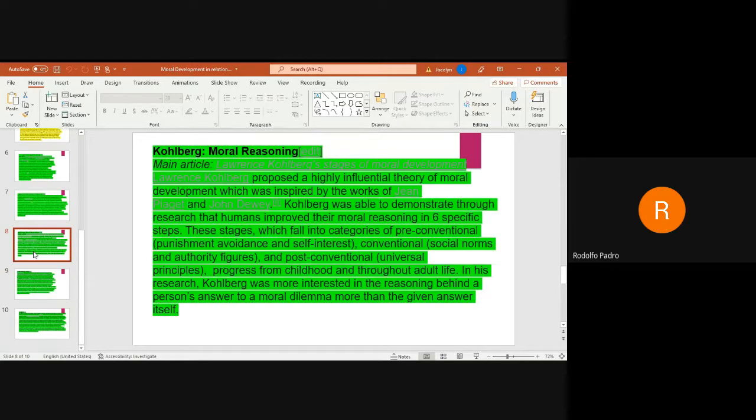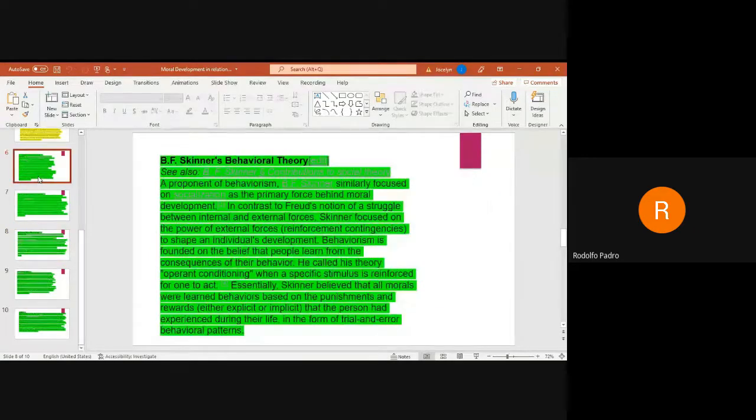Now let's move on to B.F. Skinner. As I mentioned a while ago, he is the founder of behavioral theory. A proponent of behaviorism, B.F. Skinner similarly focused on socialization as the primary force behind moral development.